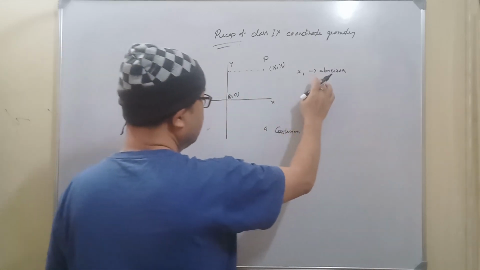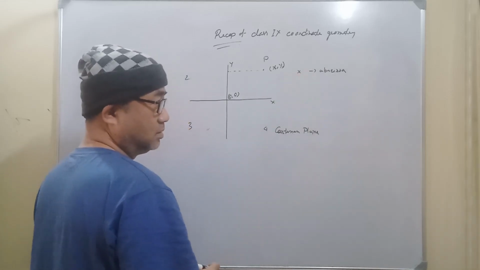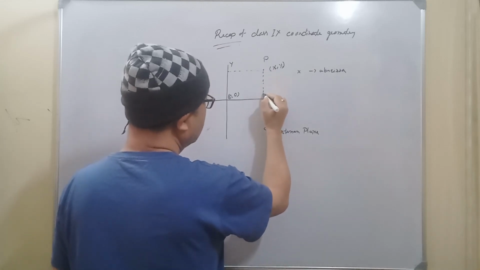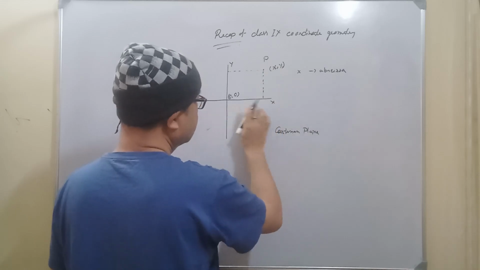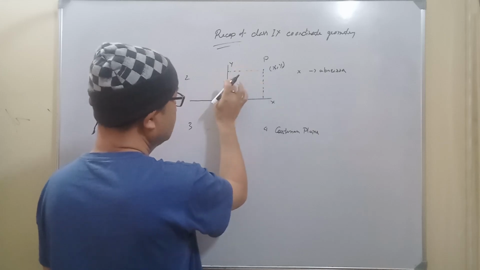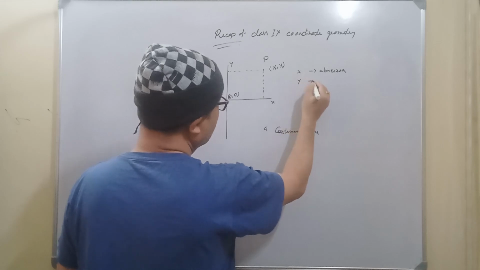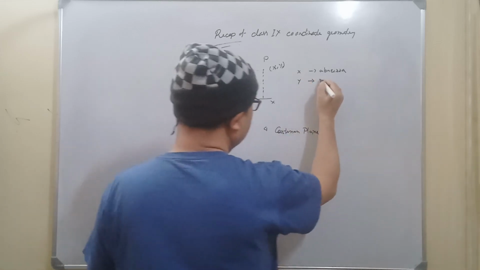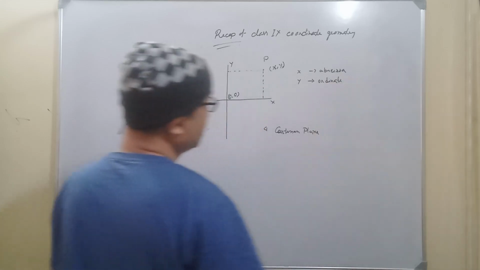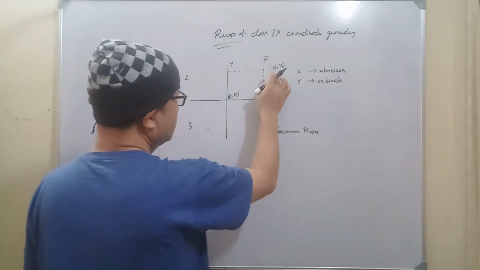Okay, so abscissa is the x coordinate, and if you draw a perpendicular from the point on the x-axis, parallel to the y-axis, then it gives us the y coordinate or ordinate. Okay, so this is how we get the values of x and y.